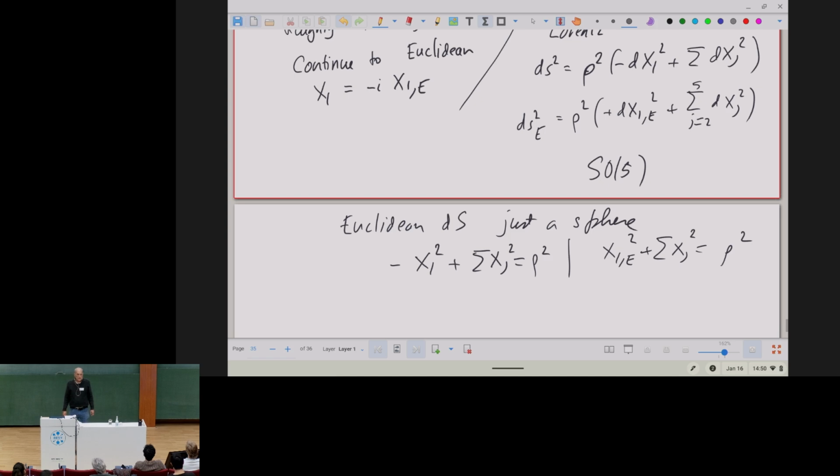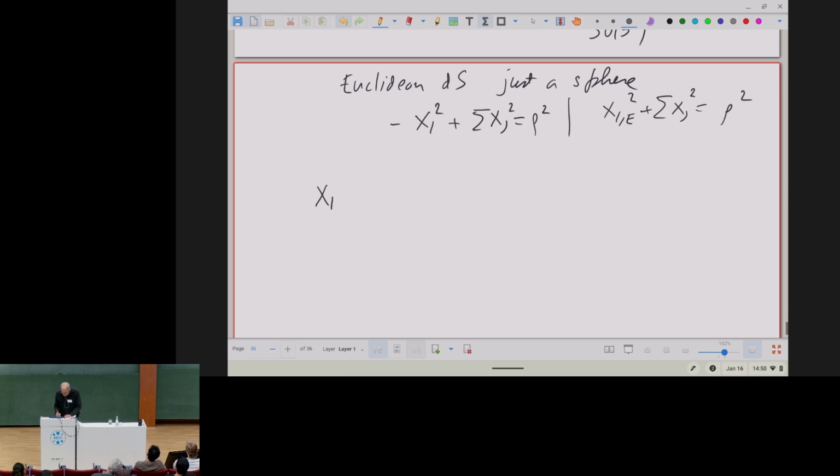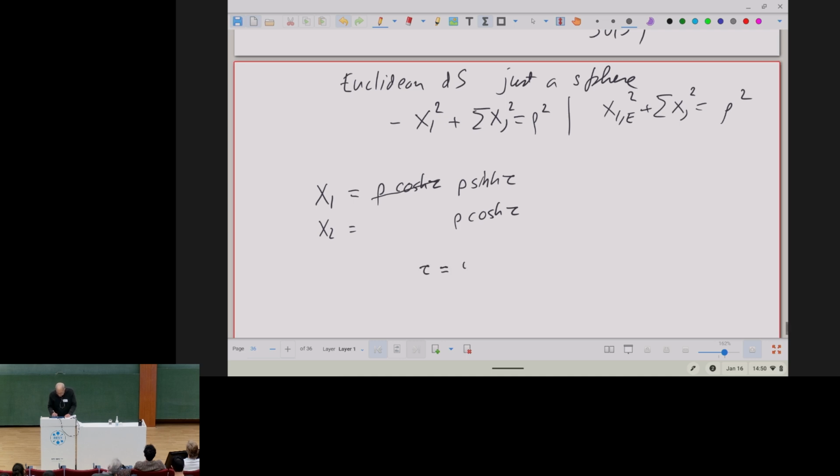So you could ask, in terms of the sphere, what is the observer's orbit? We had x1 equals rho sinh tau, x2 equals rho cosh tau, and the rest zero. Now you have to let t be i tau e, x1 be minus i x1e.